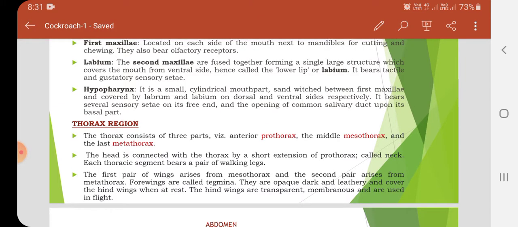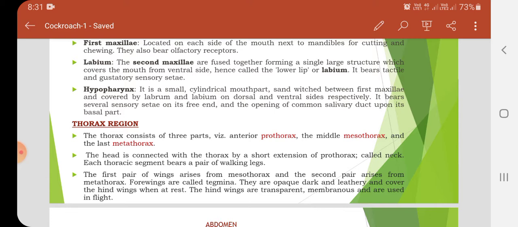One pair attaches ventrally to the sternum of each of the prothorax, mesothorax, and metathorax respectively, and called prolegs, mesolegs, and metalegs, so placed in class Hexapoda. All the legs are similar in structure while the size of the legs increases posteriorly.